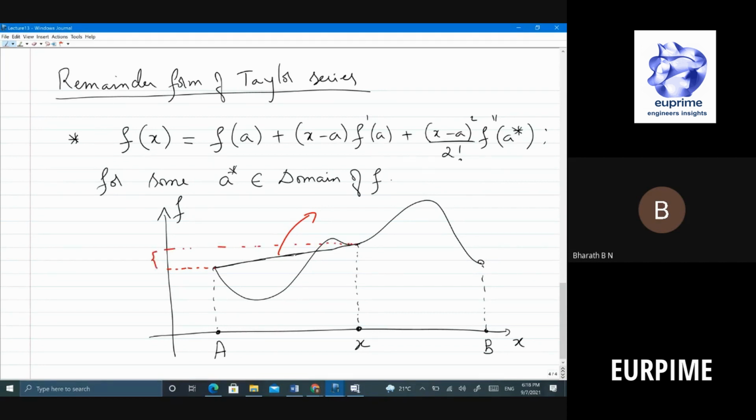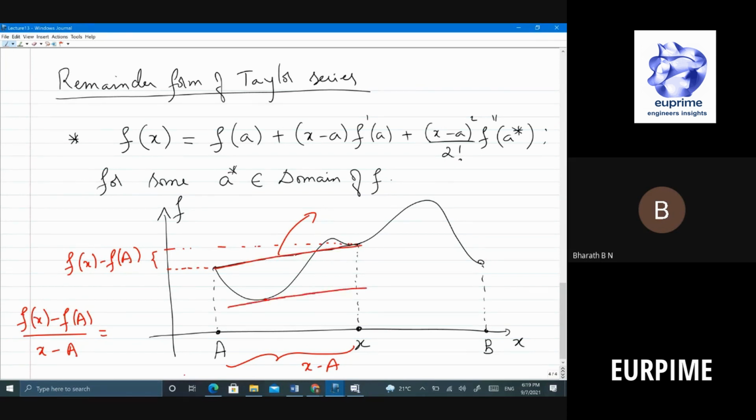This height is f of x minus f of a. So this is the height. What is the width? X minus a. If I take the ratio, I'll get the slope. So let me write that f of x minus f of a divided by x minus a is the slope. But now intuitively you can see that I can match this slope by drawing a tangent somewhere here.